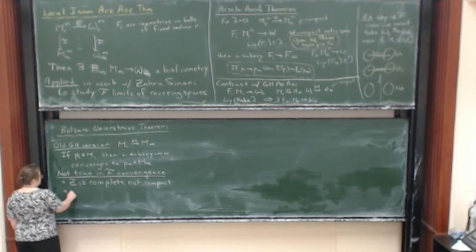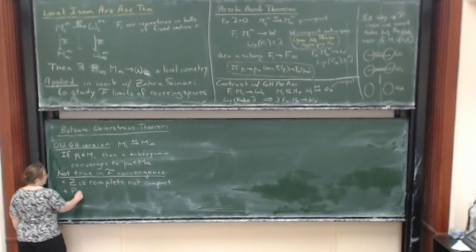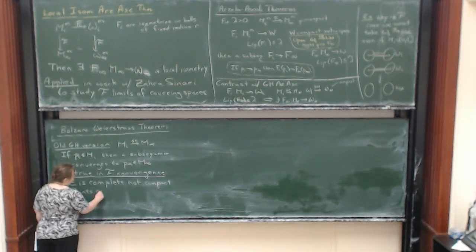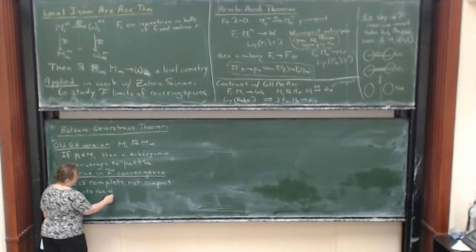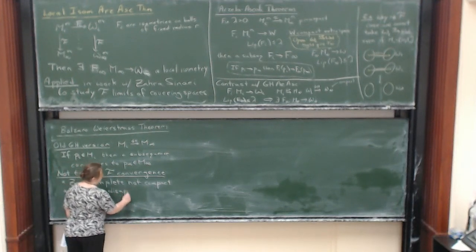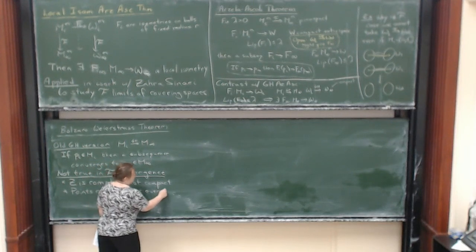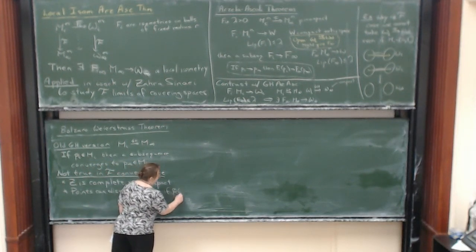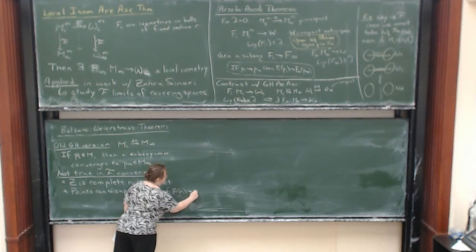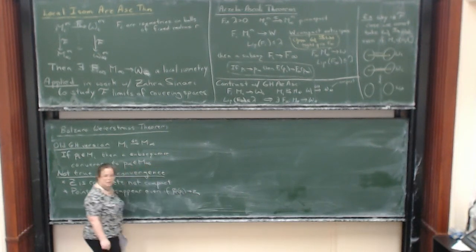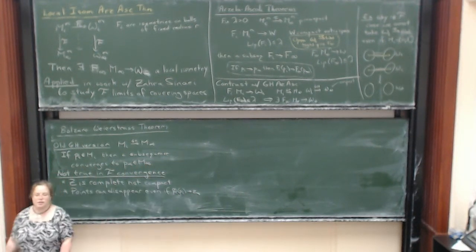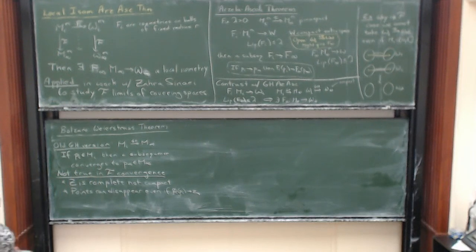And the other reason is the points can disappear, even if the phi i pi's have a limit. So even if you manage to show they have a limit, they might not be in the limit space. So we have this double problem going on here.